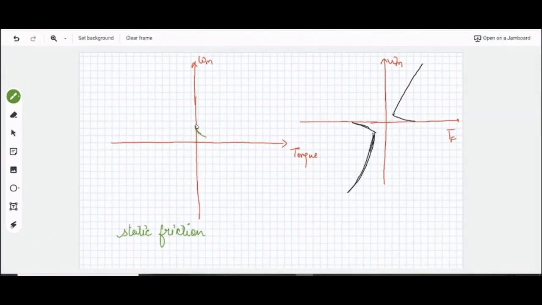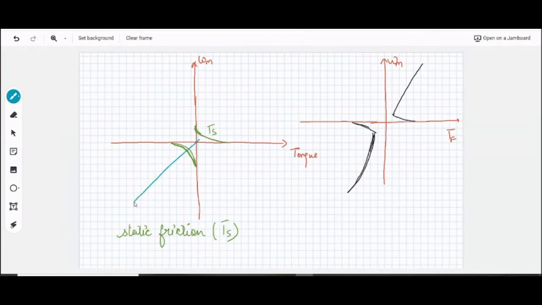Static friction remains there for the lower speeds only, right? And can be represented by this kind of characteristic, TS, static friction, Ts. The other kind of friction which can be observed in the moving parts is the viscous friction.